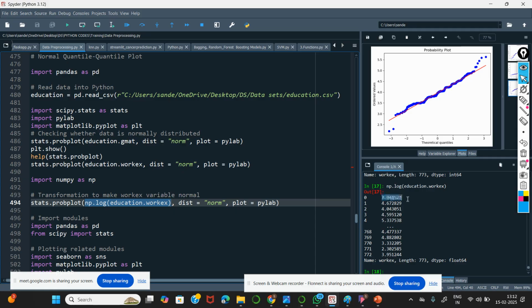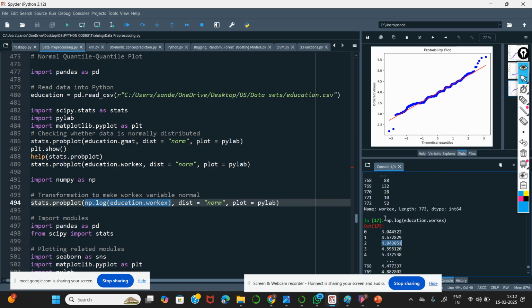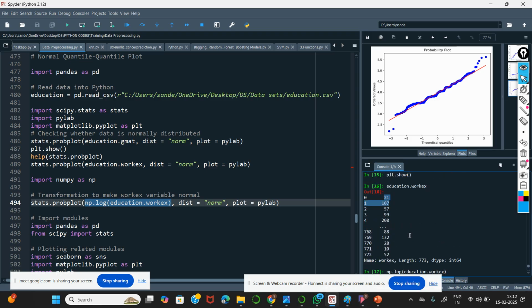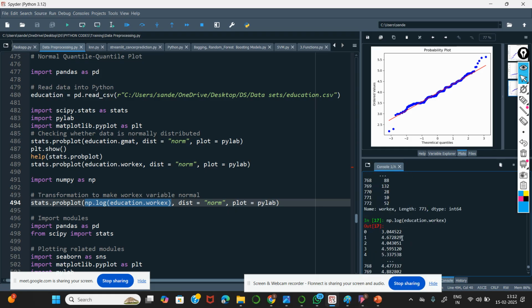See here, 3.044, 4.67. So the log will shrink the values, and when they shrink, you see the difference reduce. Previously, for the first two records, there was a huge difference of 2107. Right now, if you see, the difference is very less, nearly about 1.5. Since the difference got reduced, the effects of outliers are decreasing. The outliers are not getting removed or modified, their effects are decreasing because they're getting shrunk.